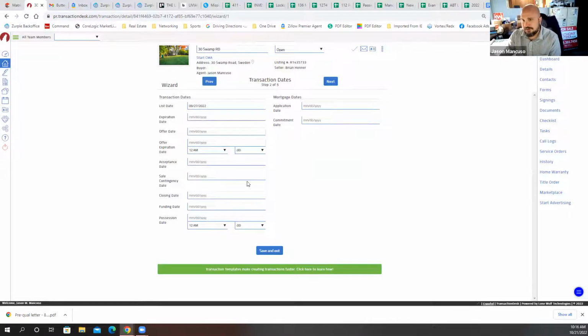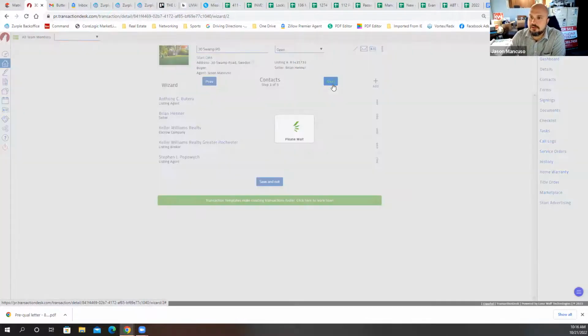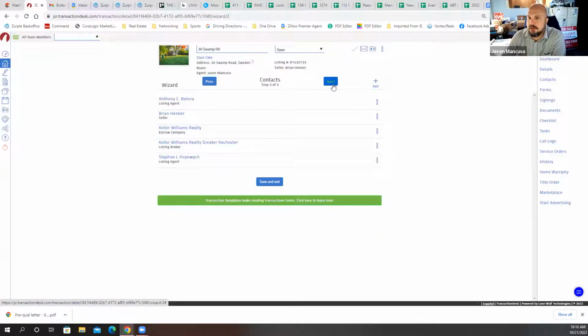Dates is the next step. I don't do this personally. I'm not saying you have to do it this way. You can certainly take advantage of this feature. I've just grown accustomed to not using it.